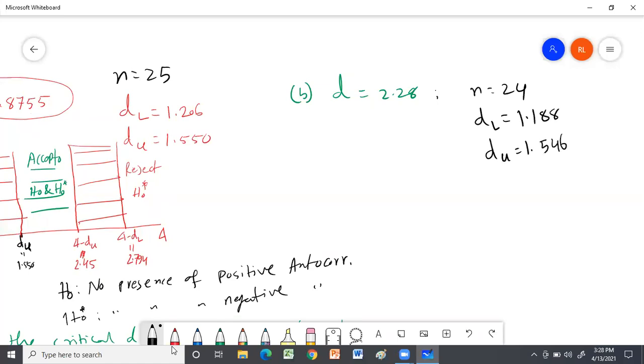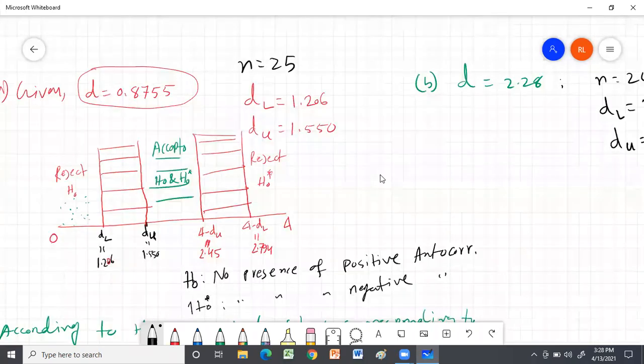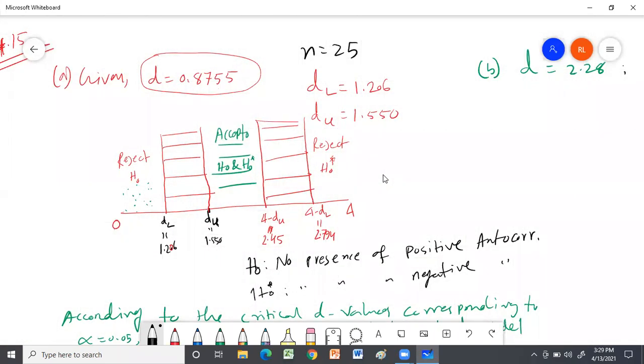Okay. Now your lower limit value is 1.188, upper limit 1.546.